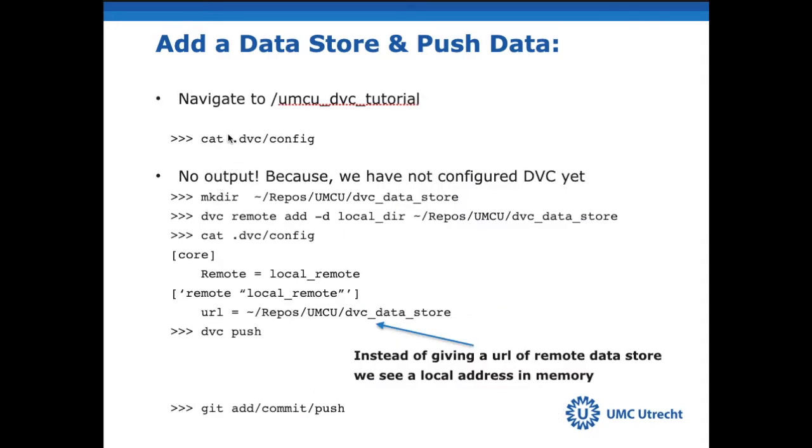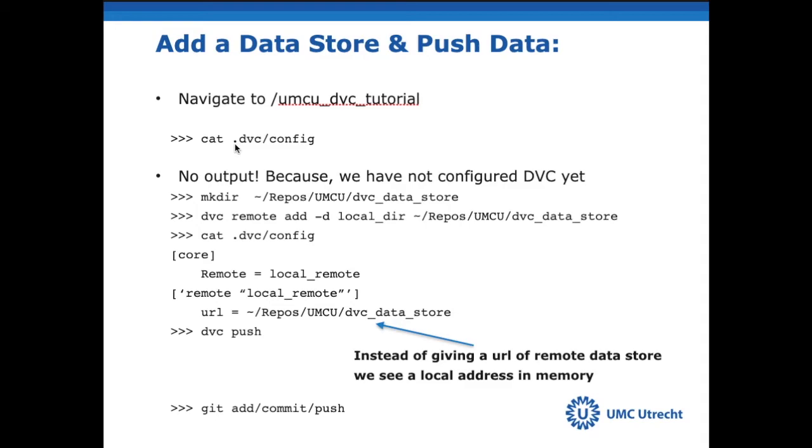To do that, we already did all the steps. We have done everything, but still we have not configured our data version control. So what we still have to configure is how the DVC should connect with the data store. So when we apply the cat command to .dvc/config, this was one of those internal and hidden files that DVC automatically created for us.